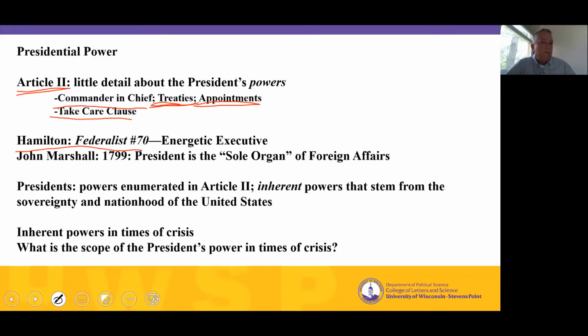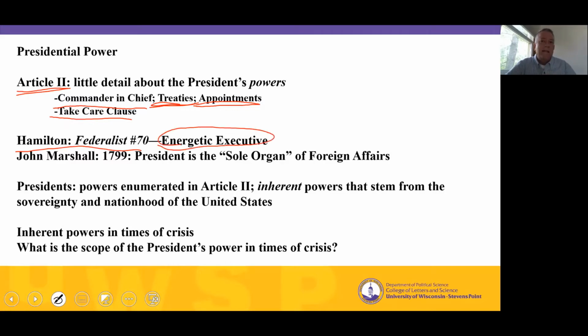And if you recall, the Federalist Papers were written after the Constitution is signed and sent out to the states for ratification. Federalist Papers were written 1787 and 1788 by Alexander Hamilton, James Madison, and John Jay. And it was Alexander Hamilton who devoted the most attention to the powers of this proposed executive branch, the presidency, in Article 2.